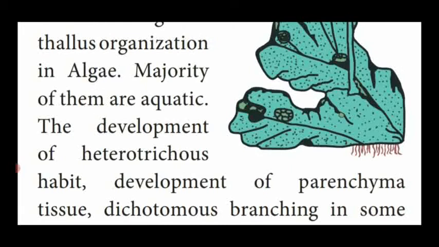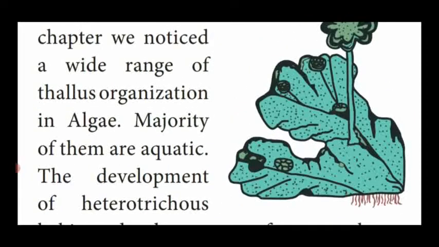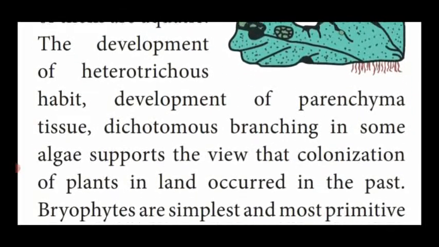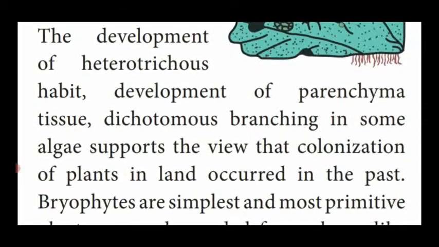See the paragraph. In the previous classes, we have seen a wide range of thallus organization in algae. Most of them are living in the water, that is aquatic. They also show different modes of habit, that is heterotrichous habit. Then the development of parenchymatous tissues also varies.